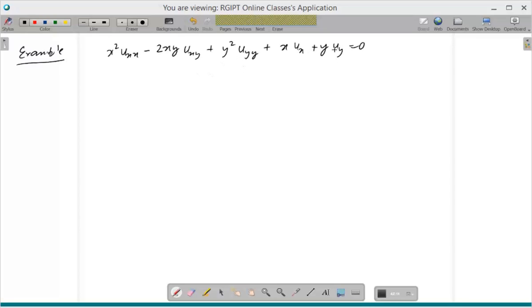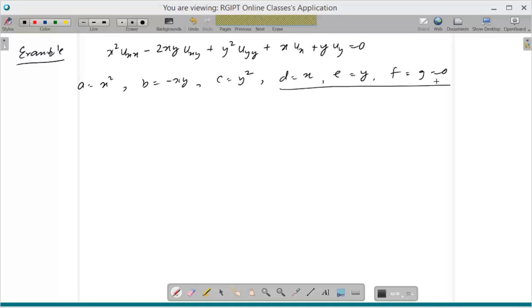So this is my equation: a equals x squared, b equals minus xy, c equals y squared, d equals x, e equals y, and f and g are equal to 0.